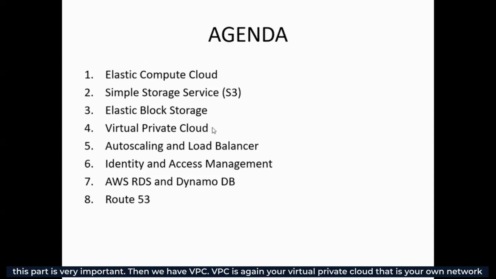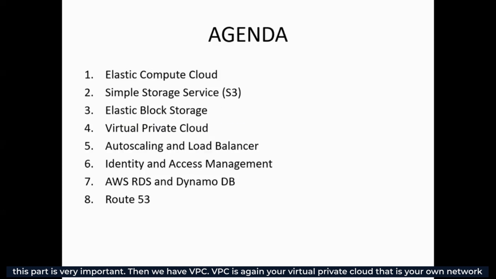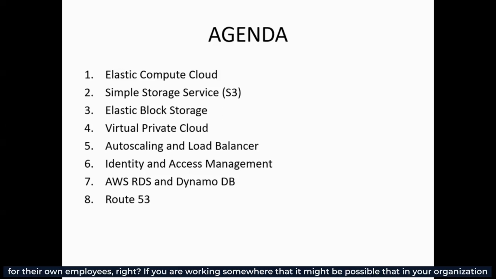Then we have VPC. VPC is your Virtual Private Cloud, that is your own network, because you know the basic differences between clouds, like public cloud, private cloud, hybrid cloud. Suppose you have an organization like IBM or TCS, then they have their own cloud for their own employees, right?